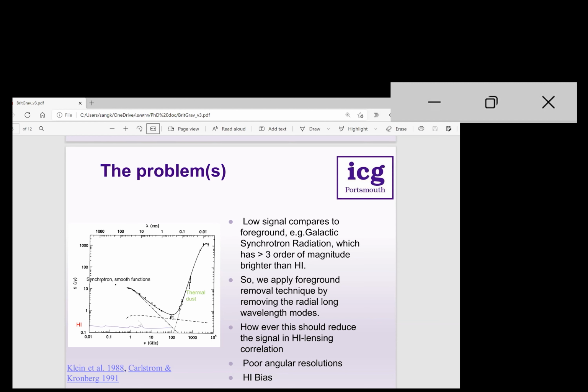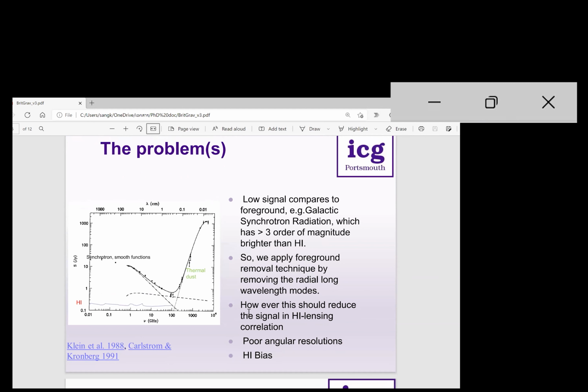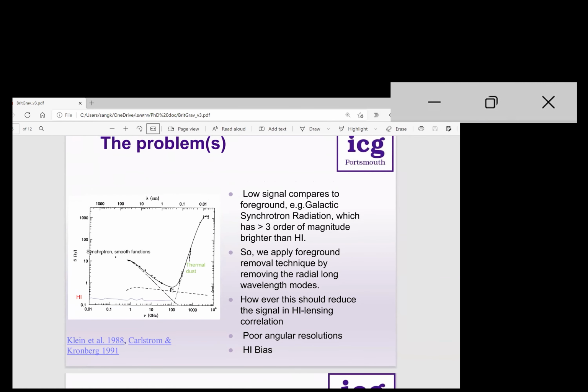But due to its characteristic, as you can see from the plot, the foreground has quite a flat spectrum, so we can apply a foreground removal technique by removing the long wavelength radio mode.